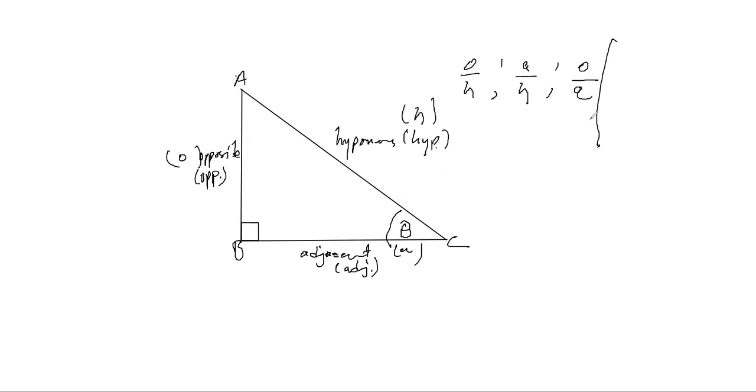When we get really crazy and complicated, I can have hypotenuse over opposite, or hypotenuse over adjacent, or adjacent over opposite. What I want you to understand is that all these ratios actually depend on the angle theta. That is the very critical and important thing that you need to get out of this.